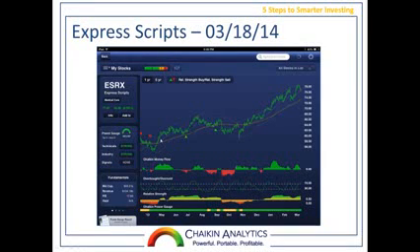Express Scripts basically processes prescriptions for major pharmaceutical companies and hospital benefit plans. And the power gauge rating turned bullish in the early part of 2013 when the stock was trading at about 60. And when this chart was taken on March 18th, just a little more than a month and a half ago, Express Scripts had a bullish rating, was outperforming the market, and had tons of positive Chaikin money flow, which meant that the institutions were buying it.